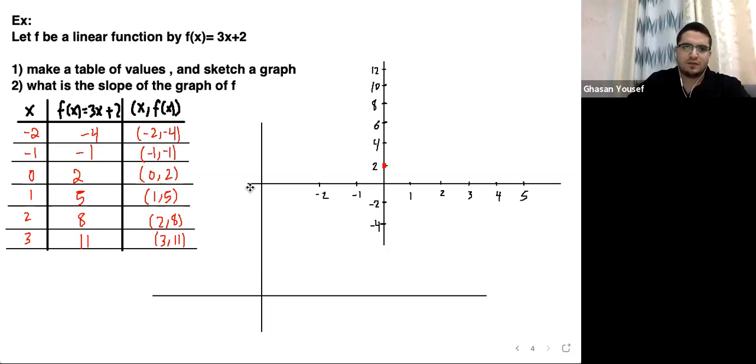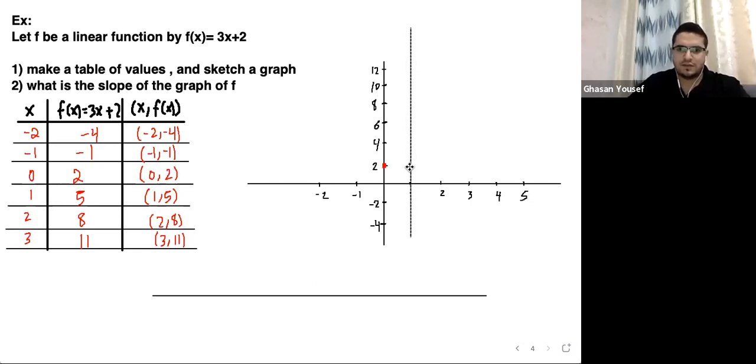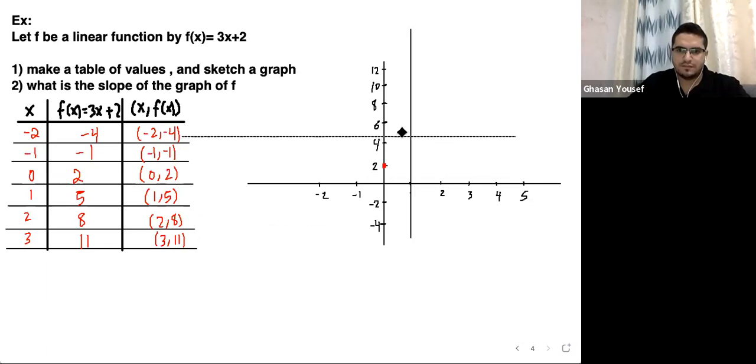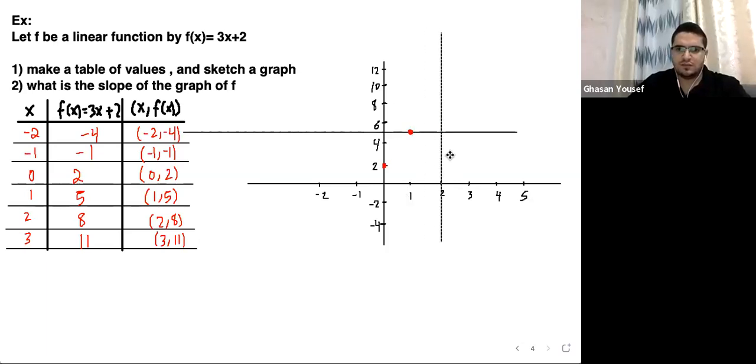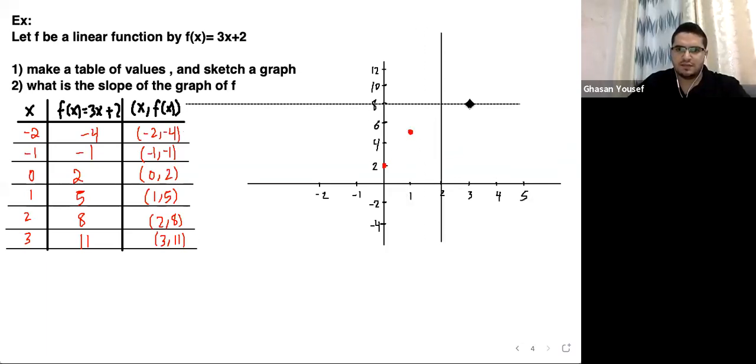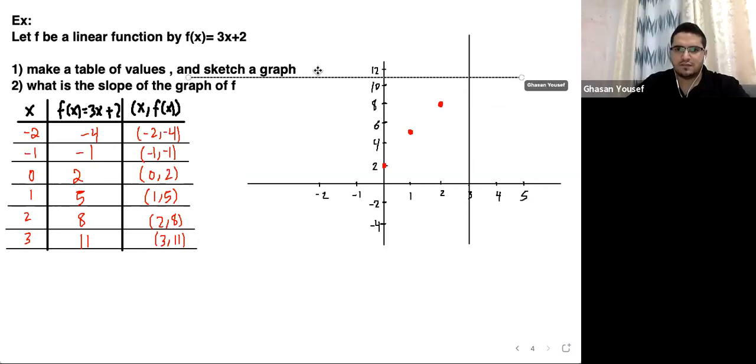Here is 1, and the 5 is here, between the 4 and 6. The third point is 2 and 8. Here is 2, and here is 8. And I have 3 and 11. Here is 3, and here is 11.